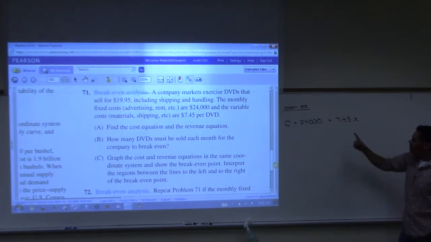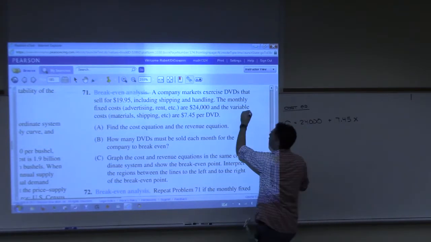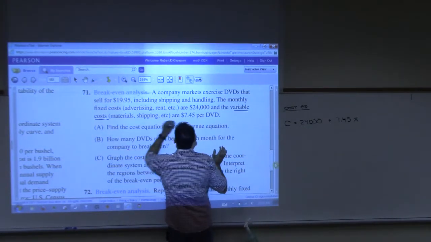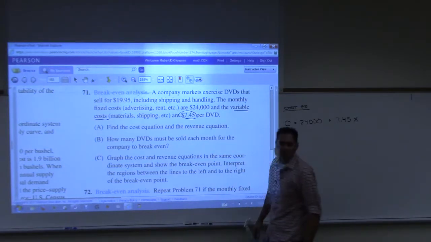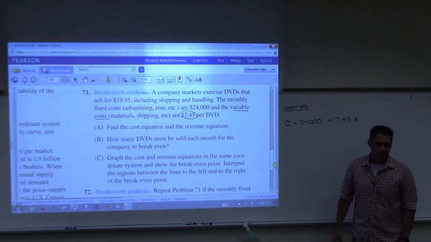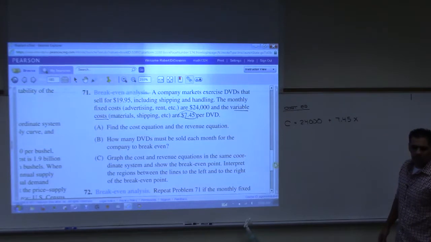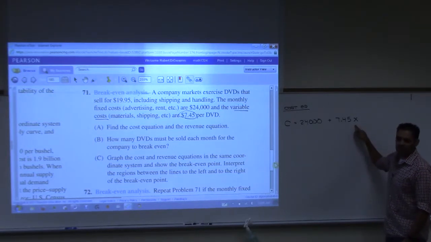If they manufacture one DVD, it's going to cost them $7.45. So when it said here variable cost is this, that's why that number went into our cost equation. Understand? That's our cost equation. This gives us how much money it's going to cost us to manufacture X DVDs.